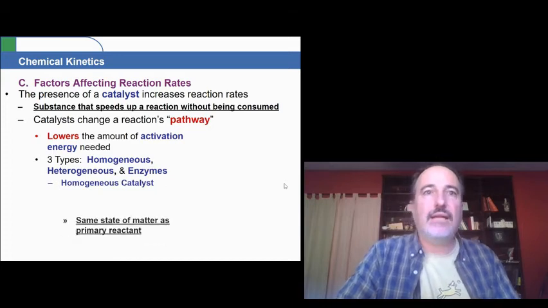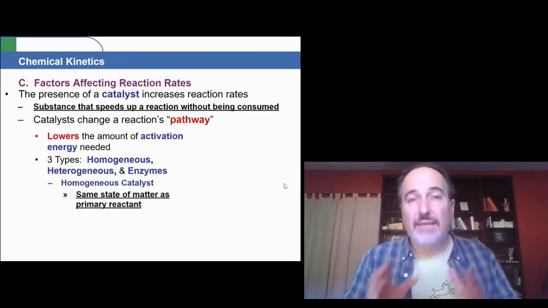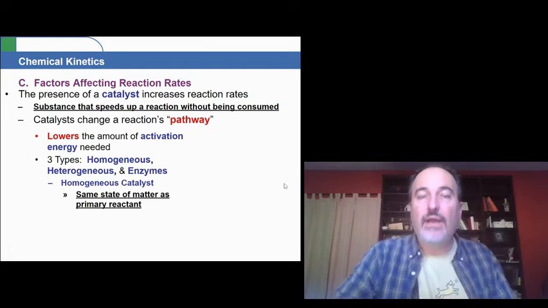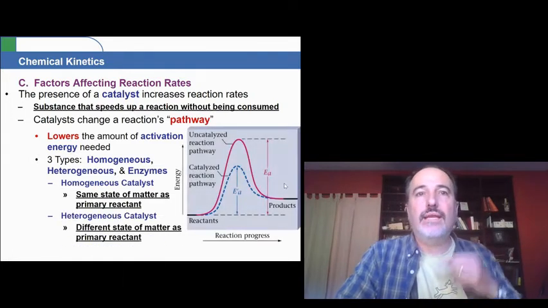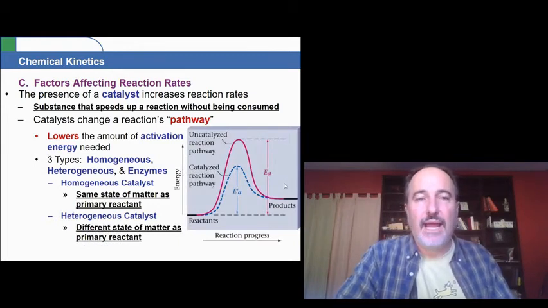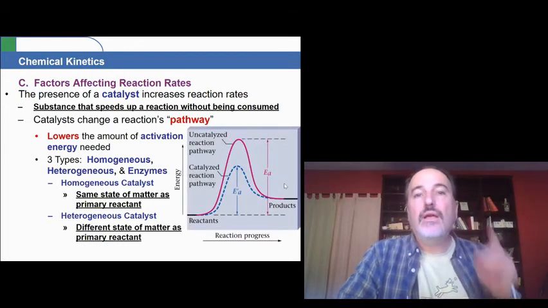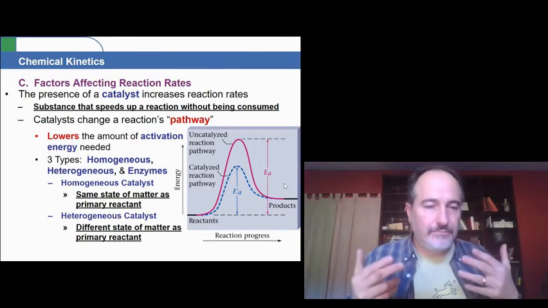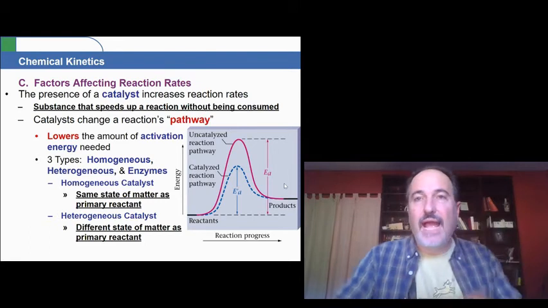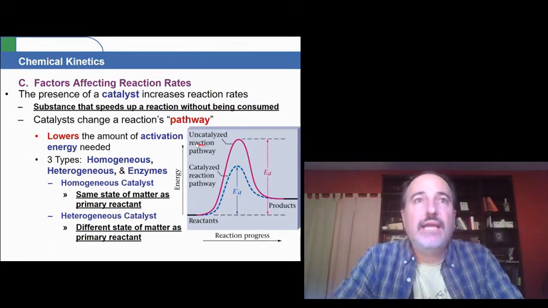Homogeneous catalysts are the same state of matter as the primary reactant. Heterogeneous catalysts are a different state of matter from the primary reactant. And enzymes are catalysts that occur in biological reactions.